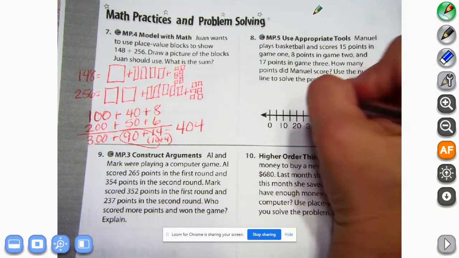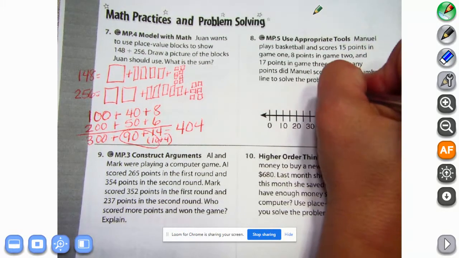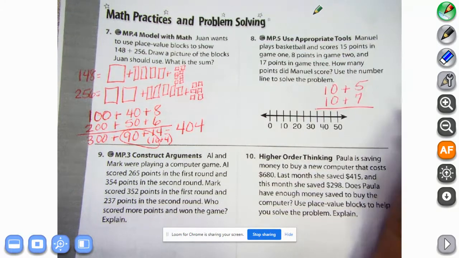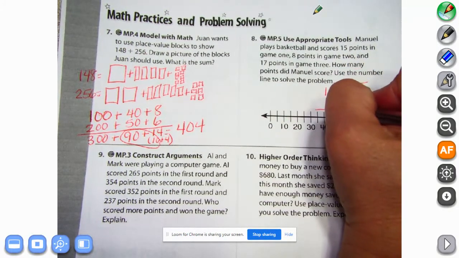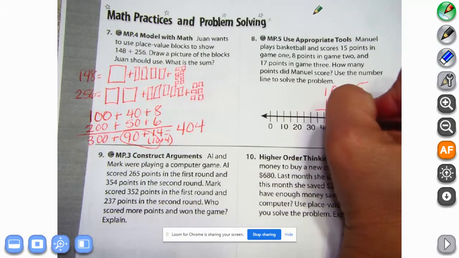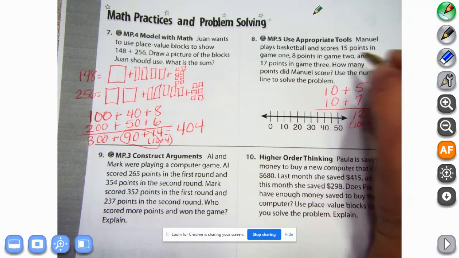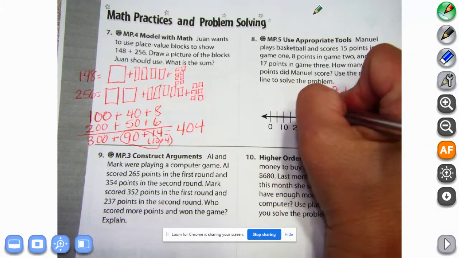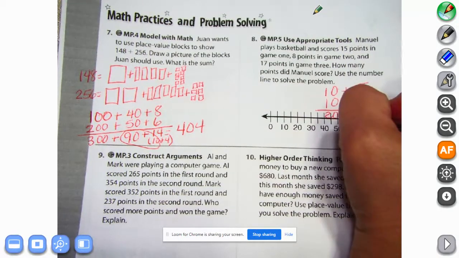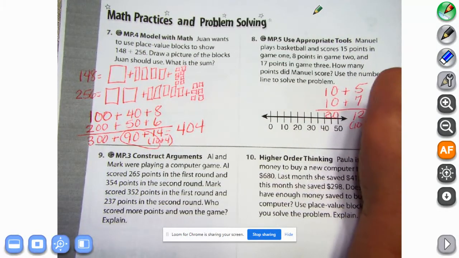We have 17, which is a 10 plus a 7. So let's add those together. 5 plus 7 is 12, which is the same as a 10 plus a 2. And 10 plus 10 is 20. 20, 30 plus 2 is 32.